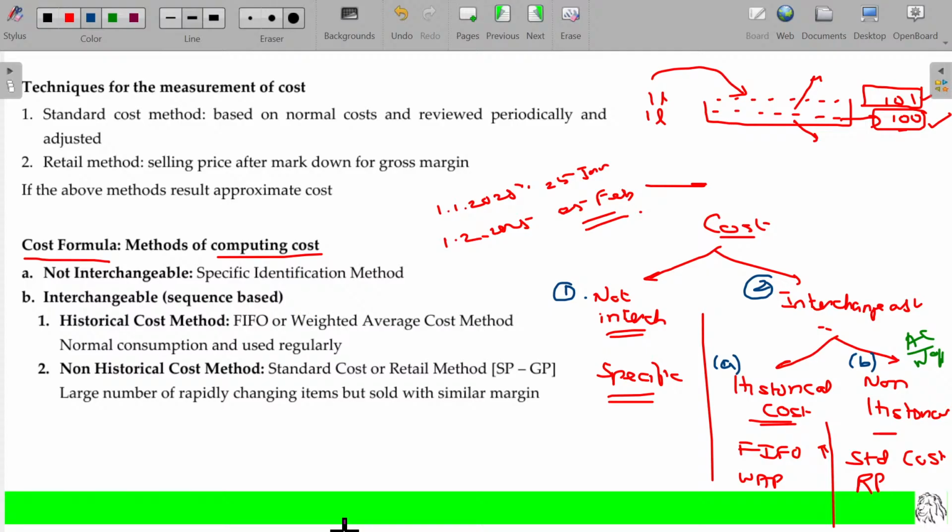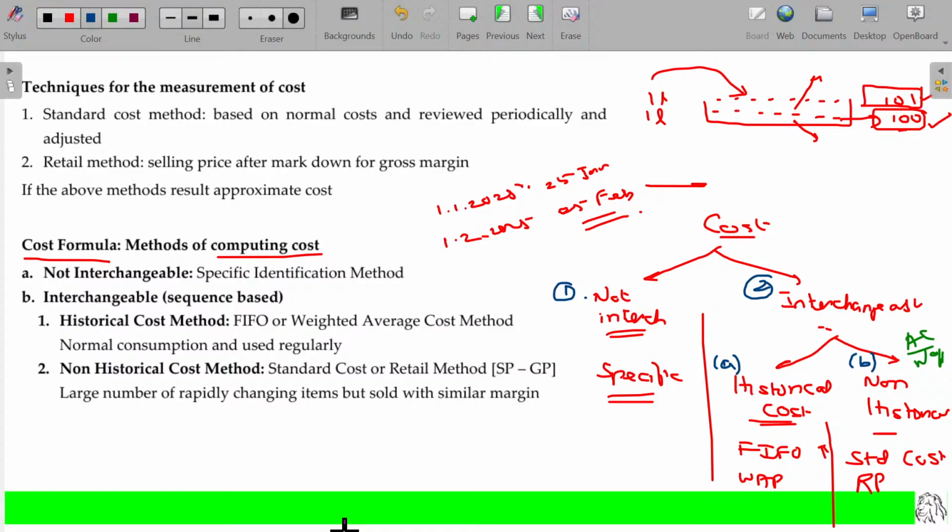So very often, depend on the non-interchangeable method only. It is not possible, sir? Okay, then if it is not possible, go for the interchangeable method. In that, try to follow the historical cost method predominantly. No, sir, it is not possible to find out using historical cost. Then you can go for the non-historical cost method. Sequentially: first historical, second non-historical.